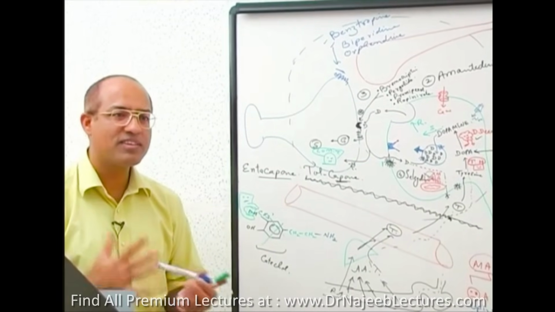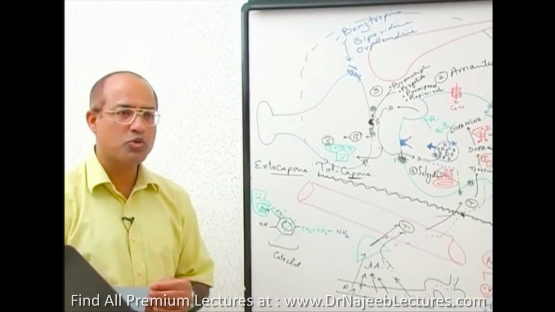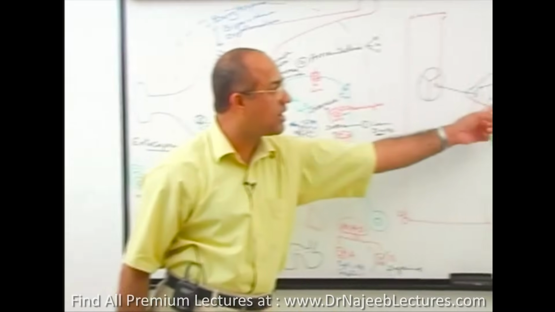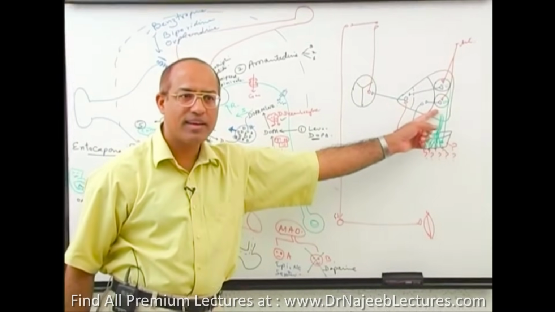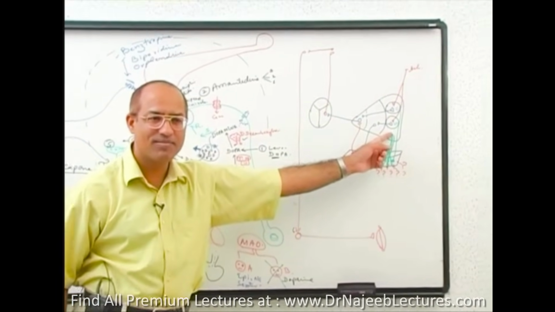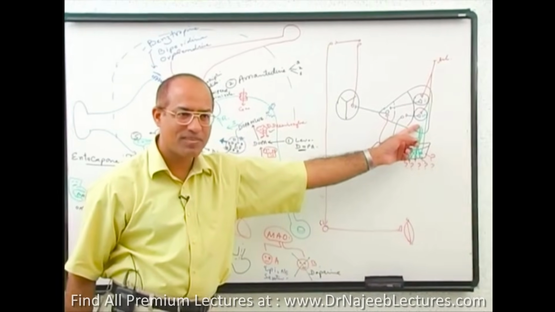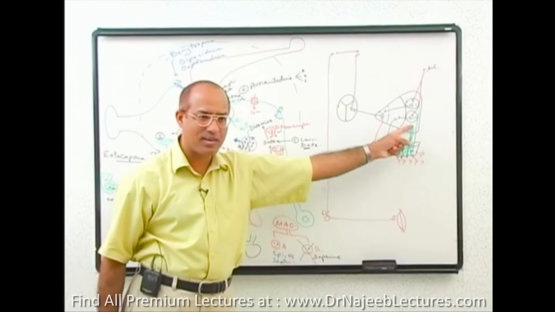So these are the basic 6 strategies which are used to correct the neuronal transmission dysfunction in the striatum. Again, rapidly.